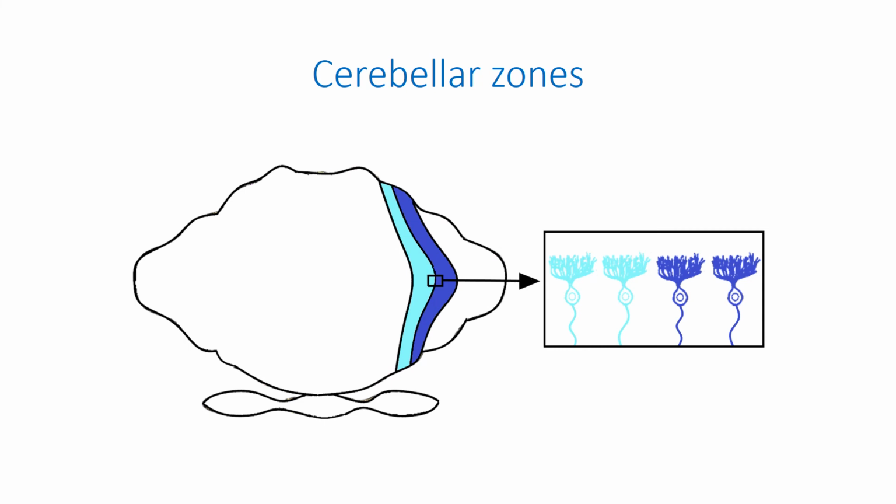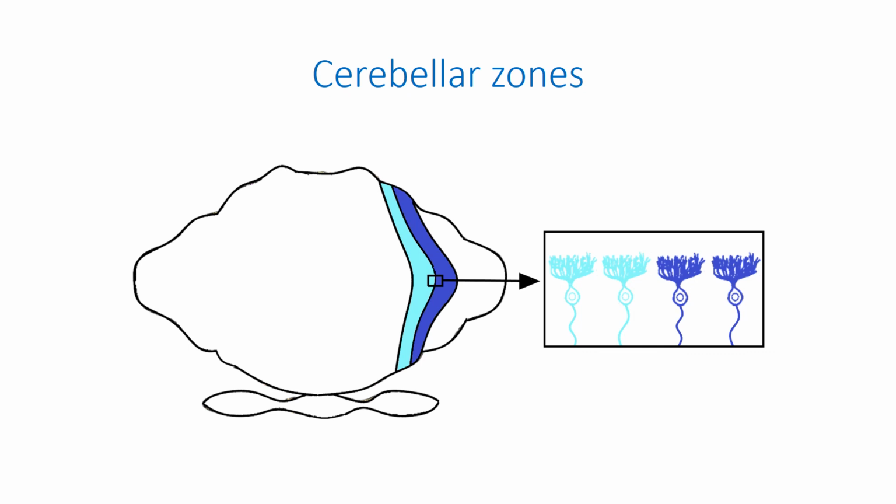The use of immunostaining in the last several decades demonstrated the presence of sagittal zones in the cerebellar cortex. Their best-known marker is aldolase C, a glycolytic enzyme expressed in the Purkinje cells, also called zebrin-2.